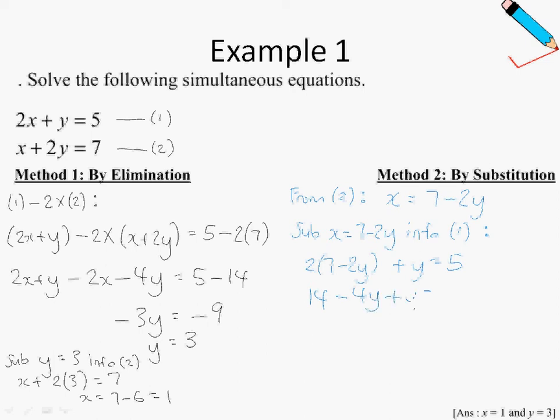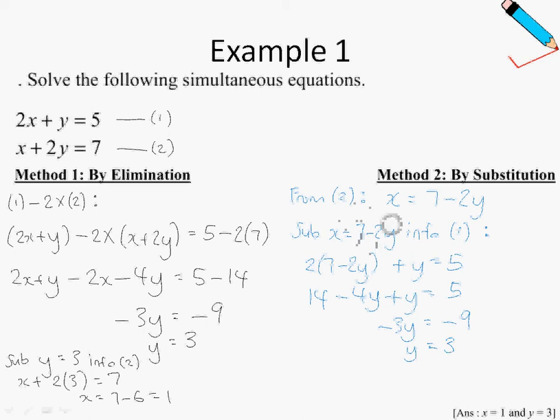And if I expand this out, I'm going to shift the 14 over to the right hand side of the equation. Negative 4y plus y gives me negative 3y, and 5 minus 14 is just negative 9. So by dividing by negative 3 on both sides, y will be 3.